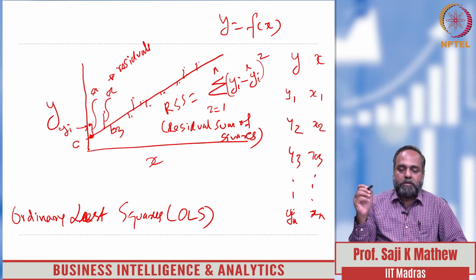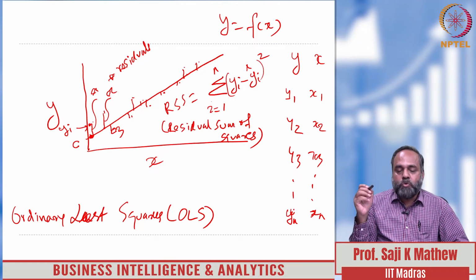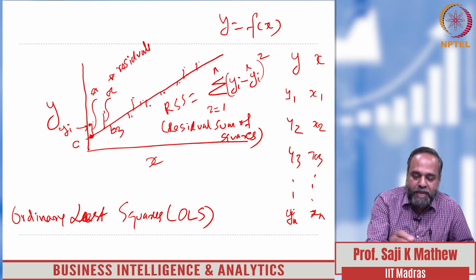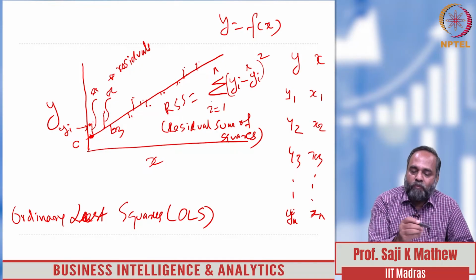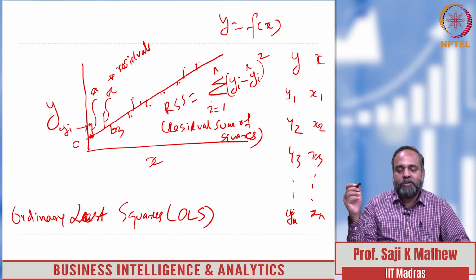And now, as I said, there is a possibility to draw multiple lines for this data. I drew 3 lines, and each line, of course, when you calculate, will have a different RSS.